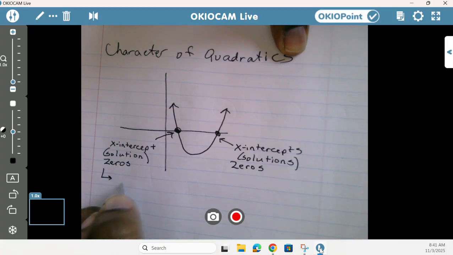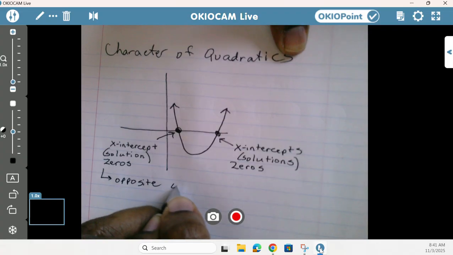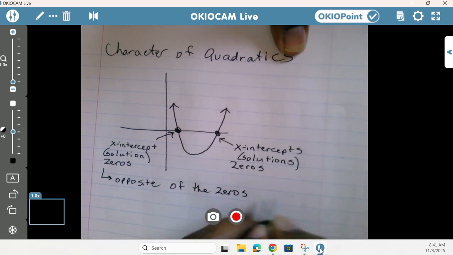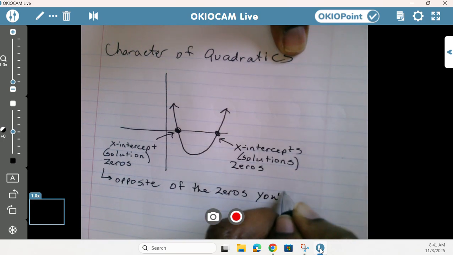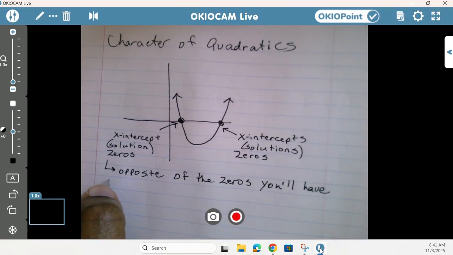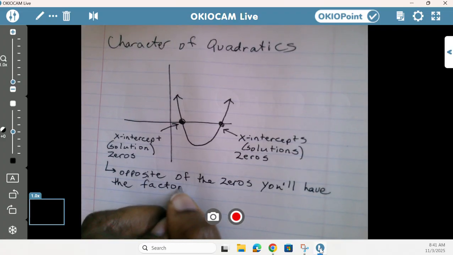And if you take the opposite of the zeros, you'll have the factors for the quadratic.